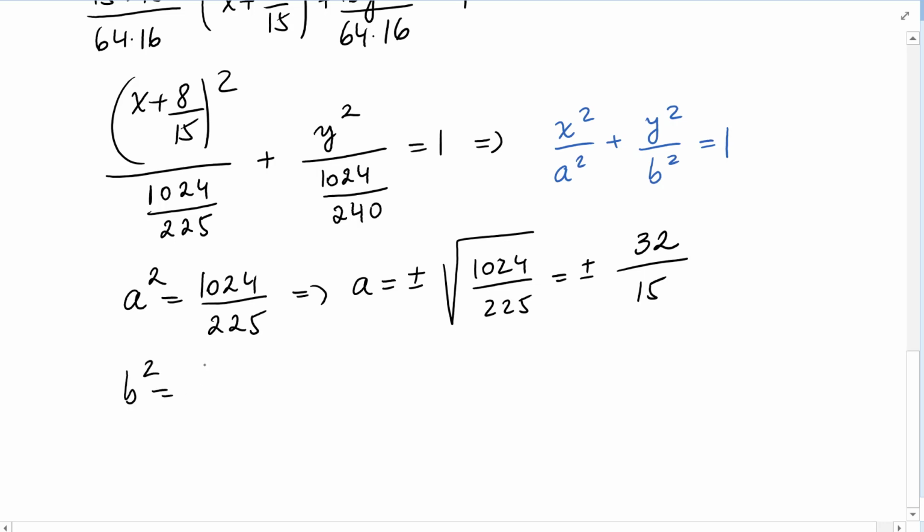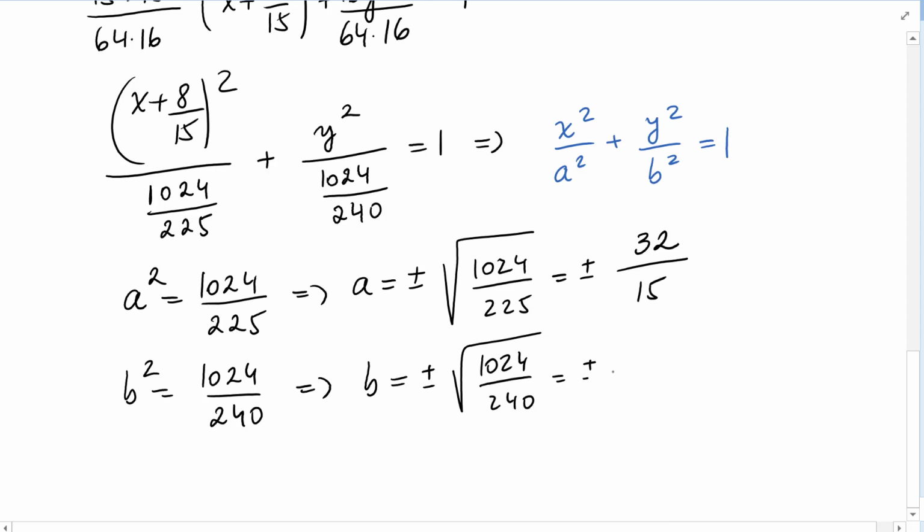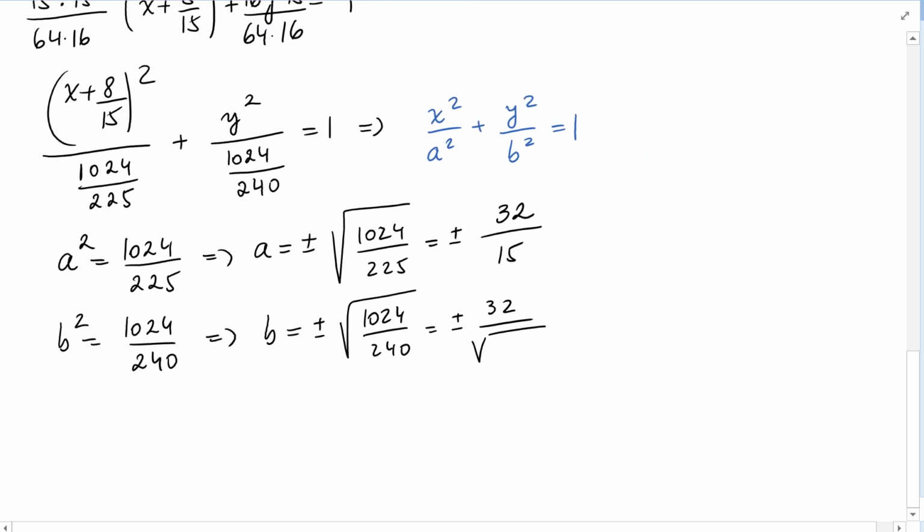And b squared equals 1024 over 240, which makes b equals plus or minus the square root of 1024 over 240. Let's find out.